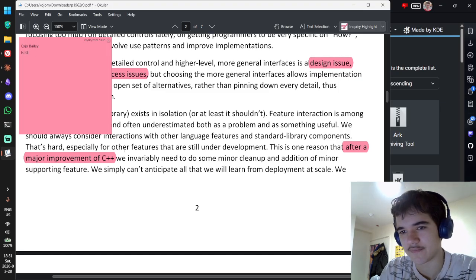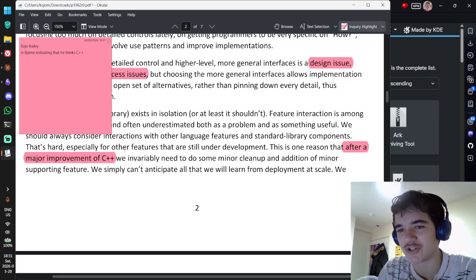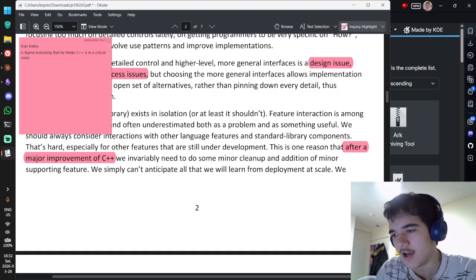Is Bjarne indicating that he thinks C++ is in a critical state? Not critical state, but in need of major improvement.